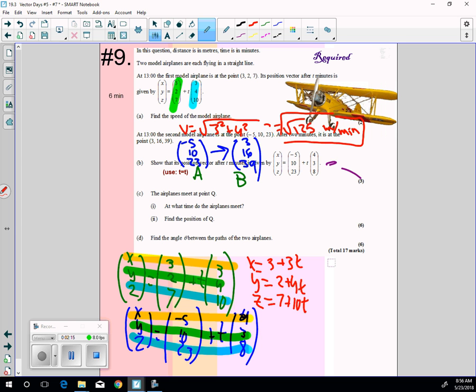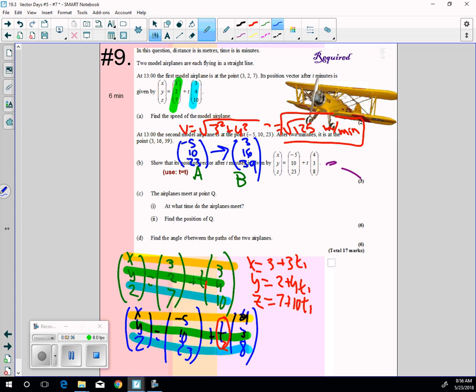Double check my numbers there: 3, 2, 7, 3, 4, 10. Good. Now, when you do the second one, I would give this t a different variable name. Maybe call it T2, like Terminator 1, Terminator 2.